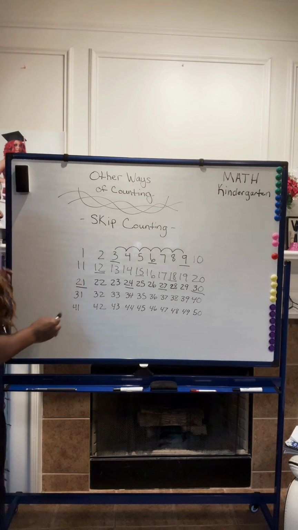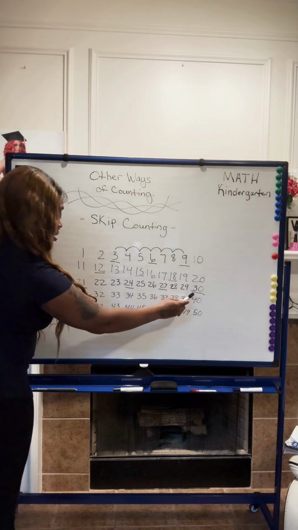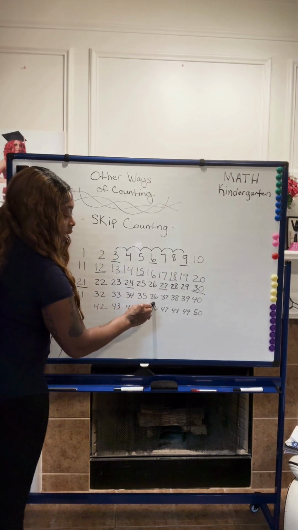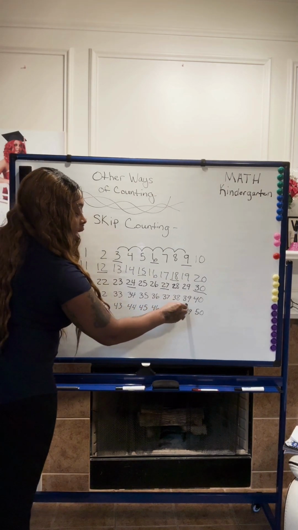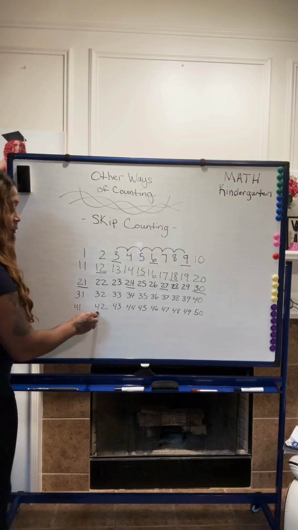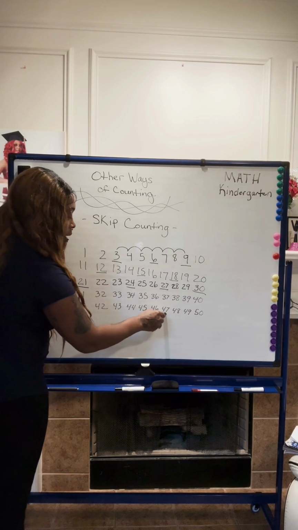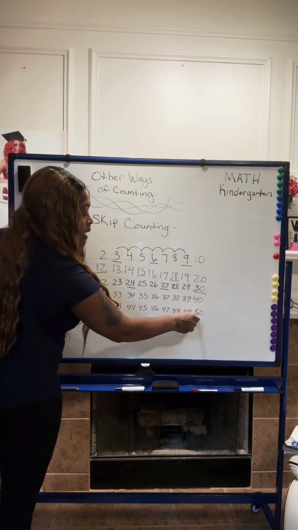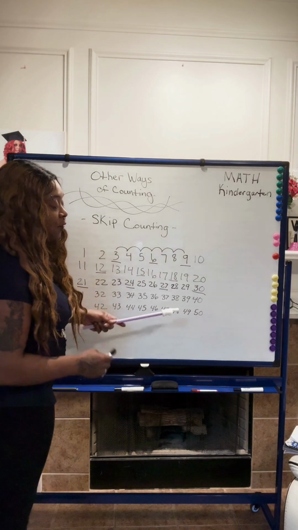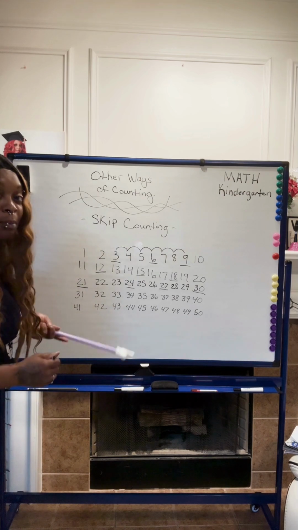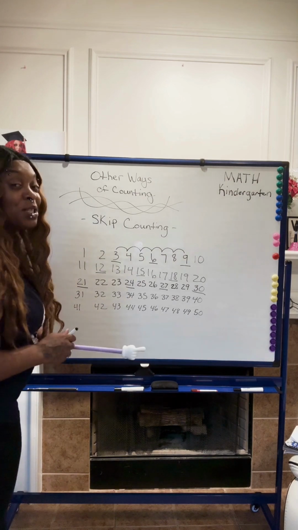So, would it land on 50? Skip, skip, 33, skip, skip, 36, skip, skip, 39, skip, skip, 42, skip, skip, 45, skip, skip, 48, skip, skip. It would not stop on 50, but it would stop on 51. We'll get into numbers stopping on a certain number soon.